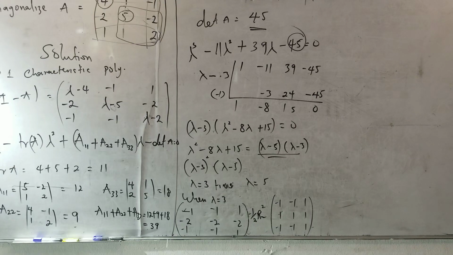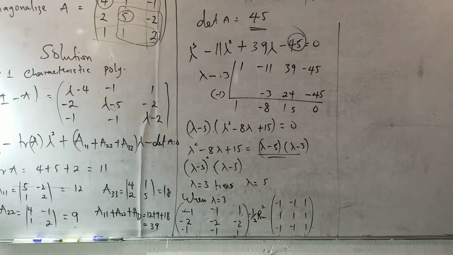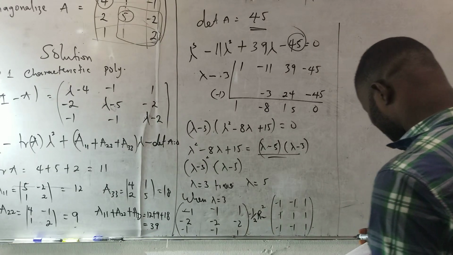Now, if I do more row reduction of this particular matrix, I think I'm not making a mistake.